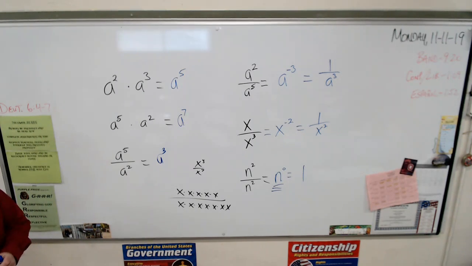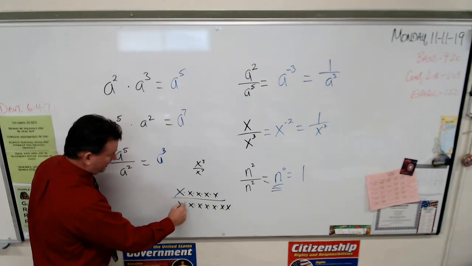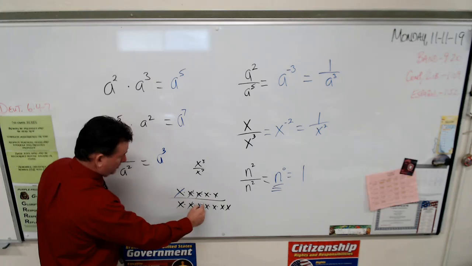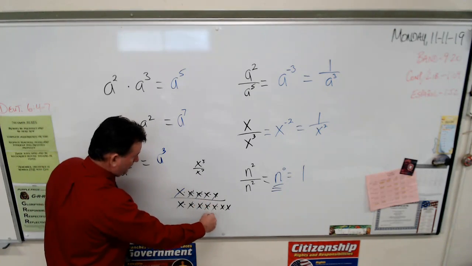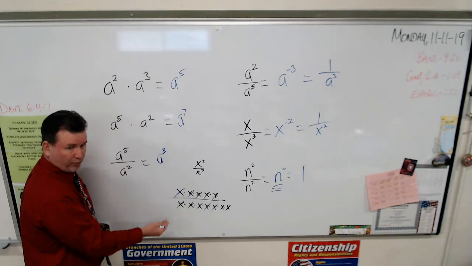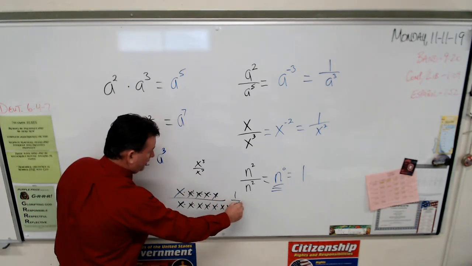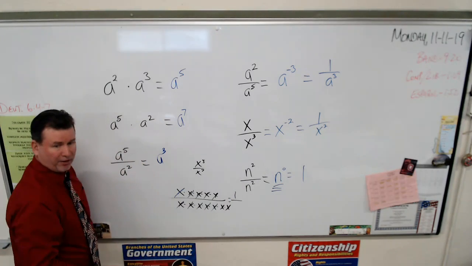So watch this. Remember what you can do when you have a fraction. These things cancel each other out. And what are you left with? All of these become 1 over 1, right? X over x, 1 over 1. This all equals up top 1. And what do you have left at the bottom?